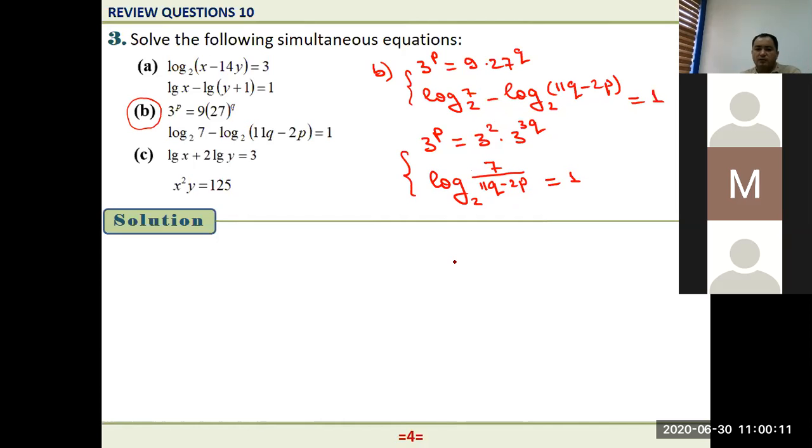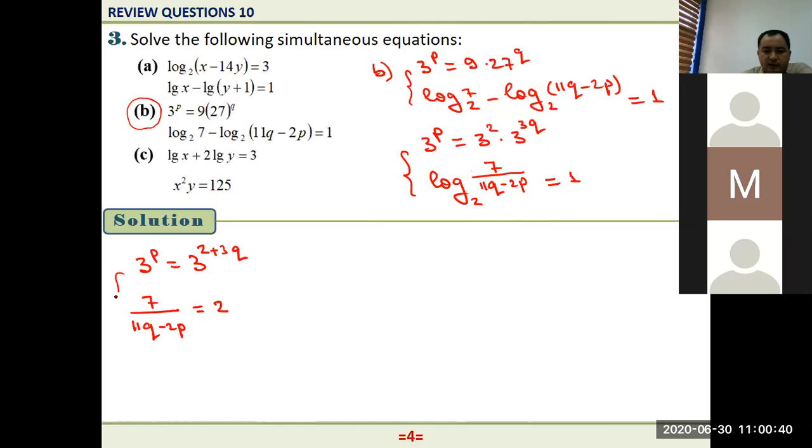One more step. The first equation is 3 to the power P equals 3 to the power, we can simplify this, 2 plus 3Q. The second one is, using the definition of logarithm, 7 over 11Q minus 2P is equal to 2 to the power 1. This is an exponent, this is a base, right? It is 2.